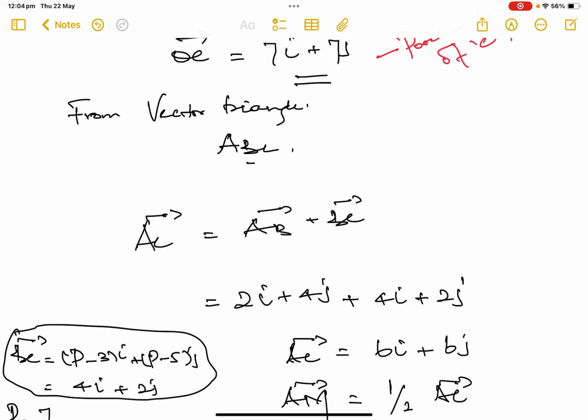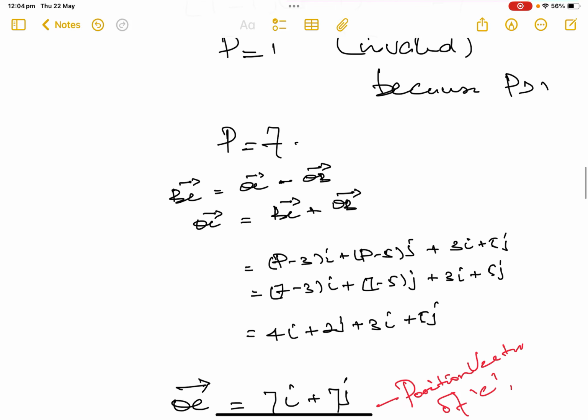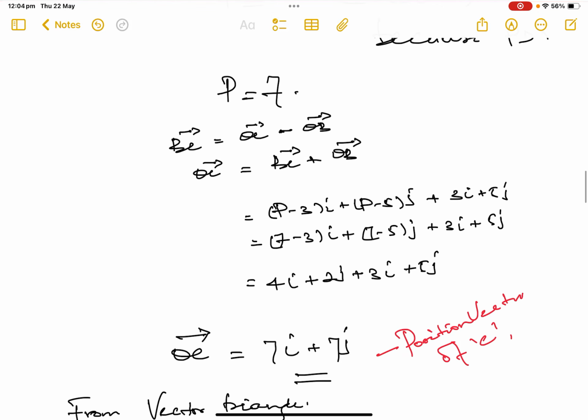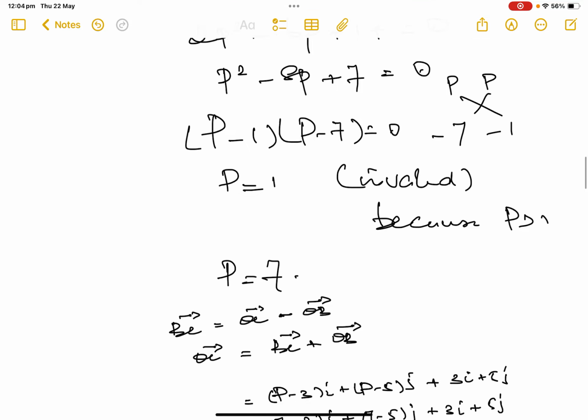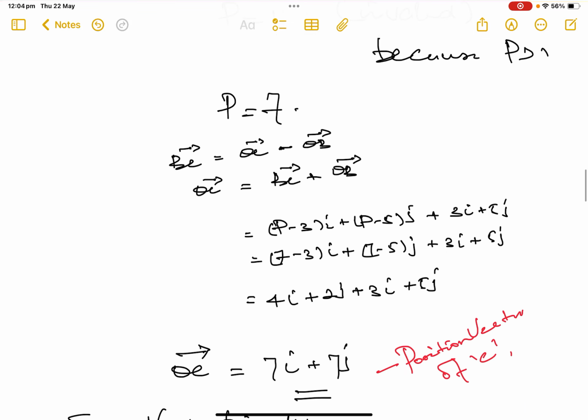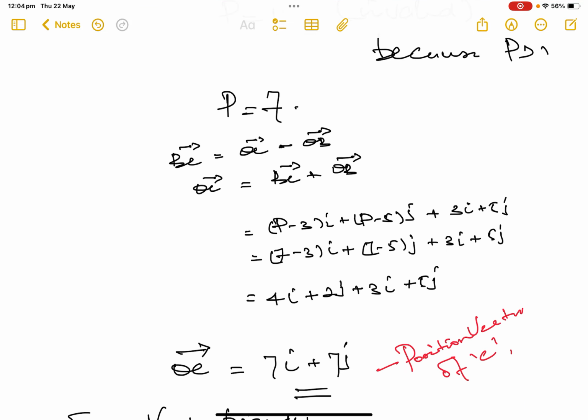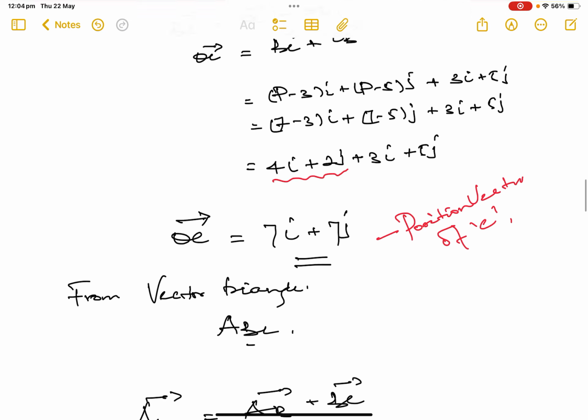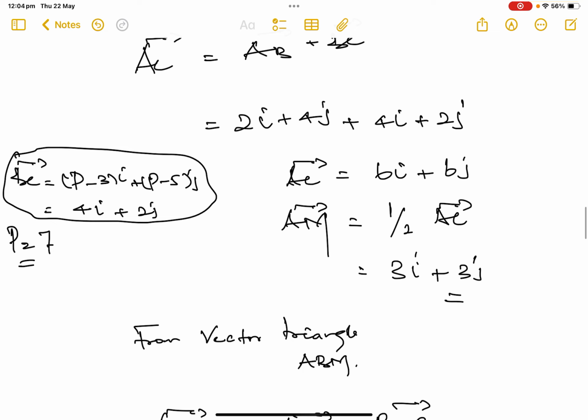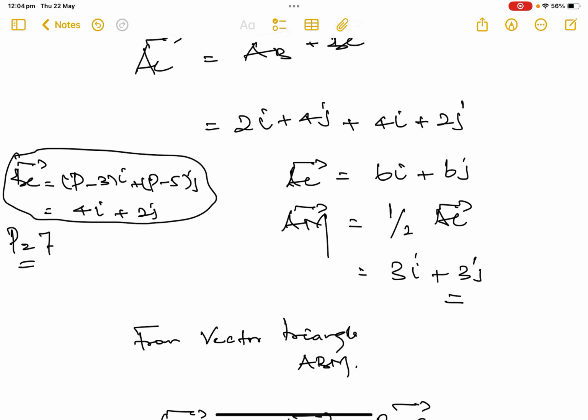And BC we found here, 4i plus 2j. From that, if you simplify it, AC equals 6i plus 6j.